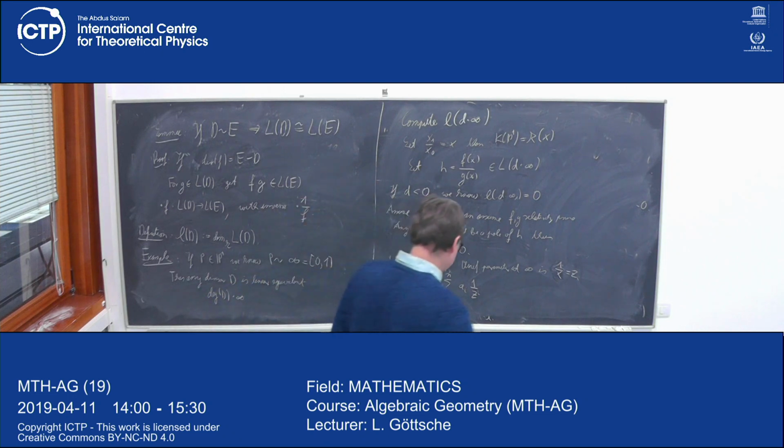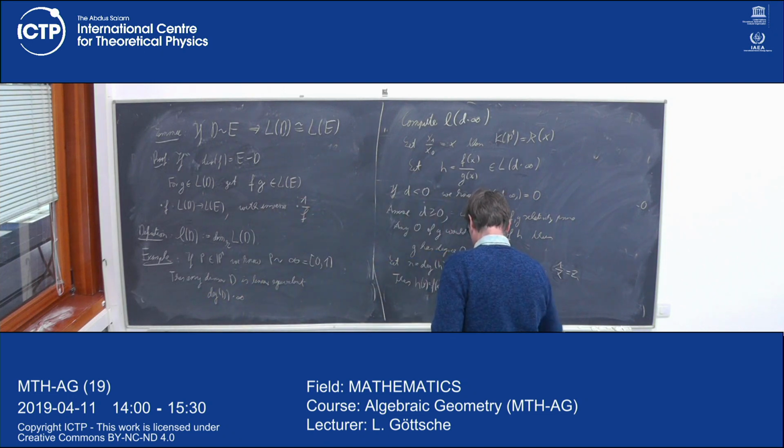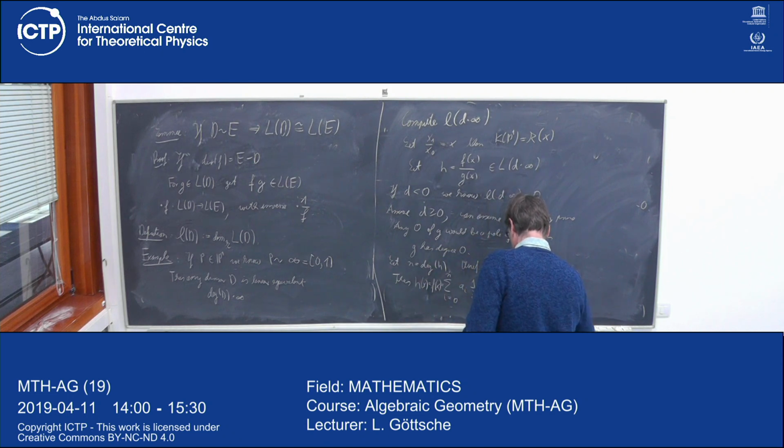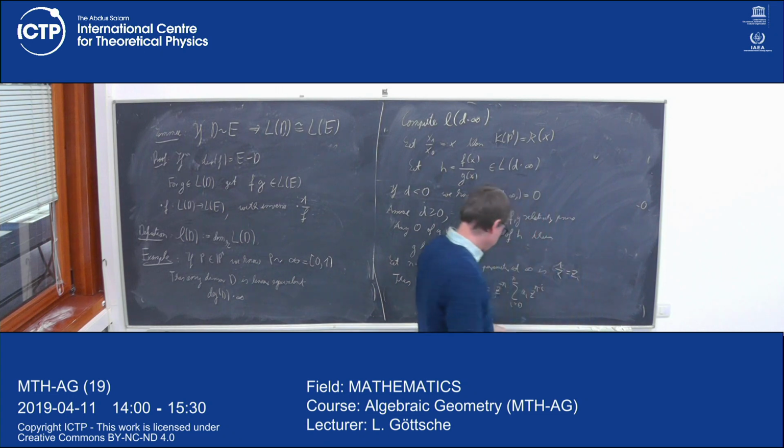So I can write this as z to the minus n times the sum over i equals 0 to n of ai z to the n minus i.